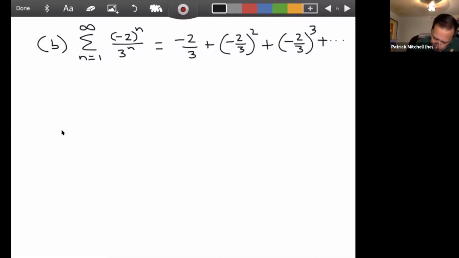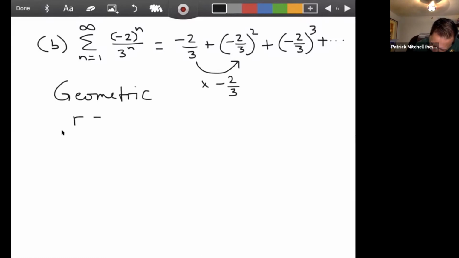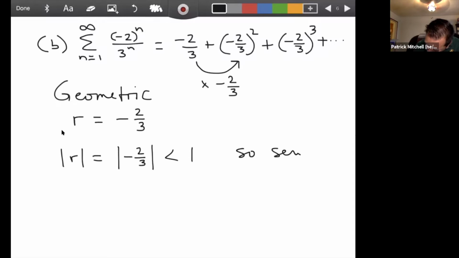All right, so this is geometric. To get from one term to the next, you're always multiplying by negative 2/3. R is negative 2/3. The absolute value of R is less than 1. This series converges. And we could even say what it converges to, but they didn't ask. So moving on.